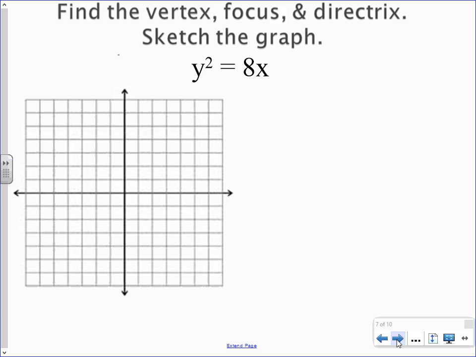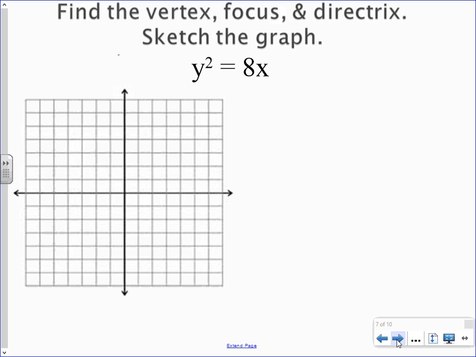Which term is squared? Connor, which term is squared? Are we used to seeing that? No. Okay, so we have a horizontal parabola, and since we have a positive coefficient, which way is it opening? Right. Good. Now, our coefficient should be with the non-squared term, is it? Awesome. We don't have to do anything to that equation.